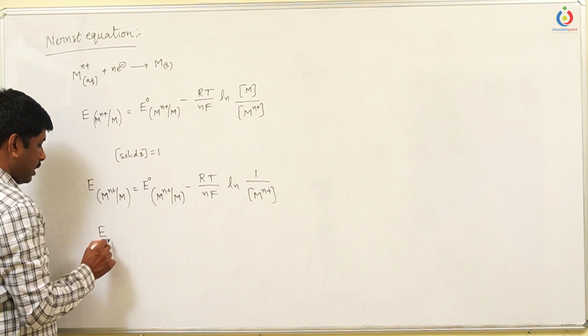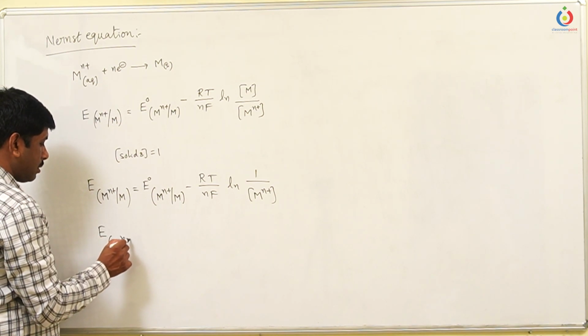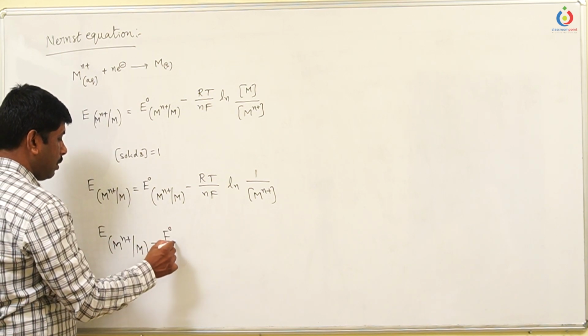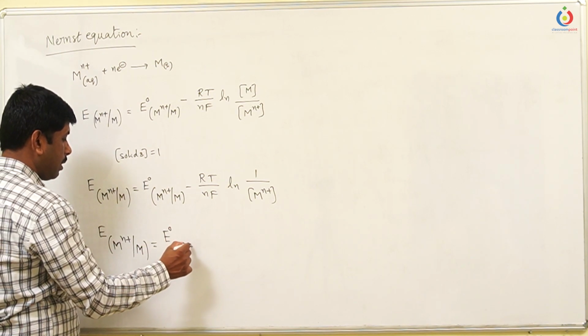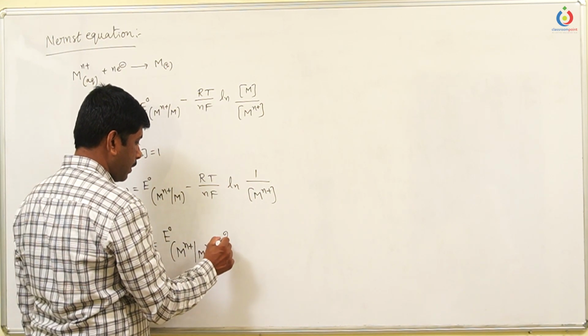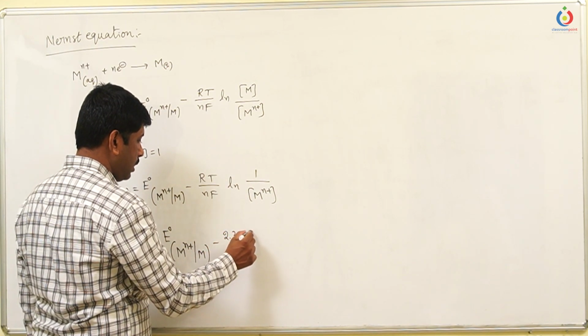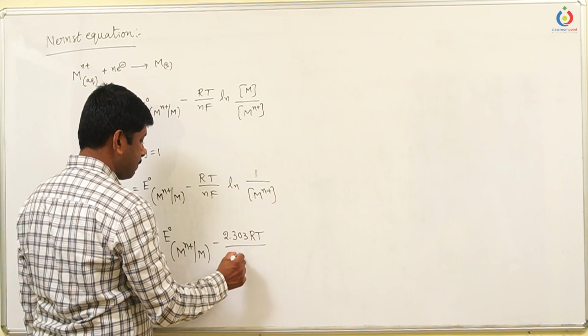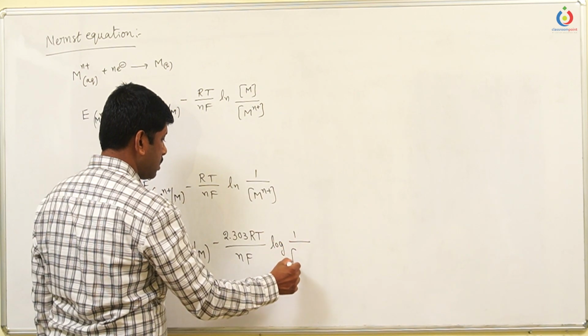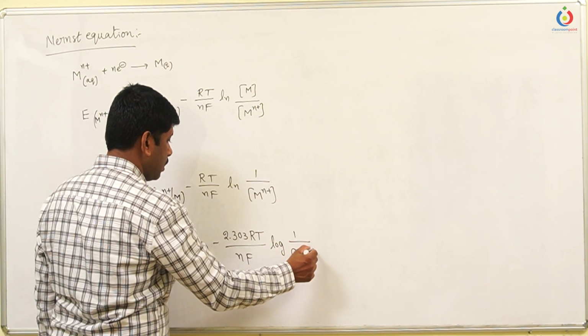So the equation can be written as E of Mn+ by M is equal to E naught of Mn+ by M minus 2.303 RT by nF log 1 upon the concentration of Mn+.